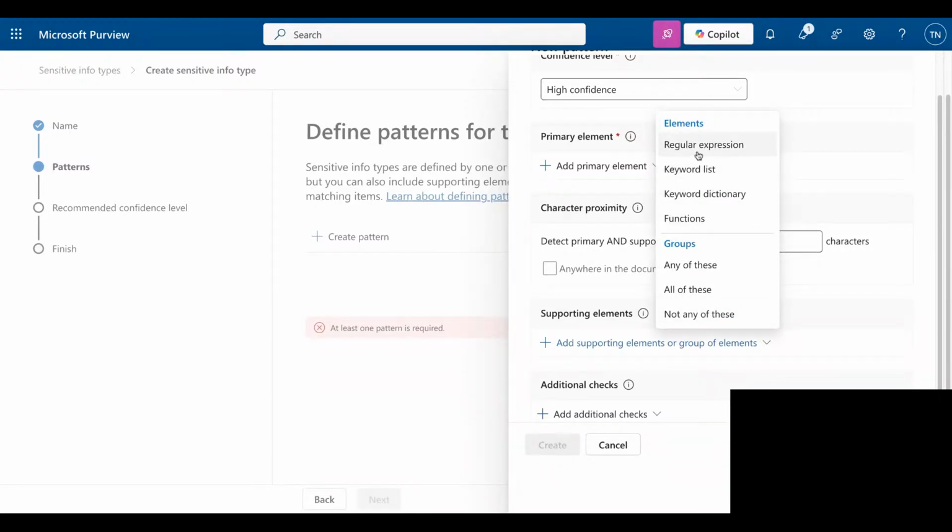I can add a regular expression, or I can even add the keyword list here. Take the keywords that are on the driver's license, I can add them here so that when any of the employees try to share information with those particular keywords, it will be detected, and I'll be able to see that somebody's trying to share information with those keywords that I have specified.